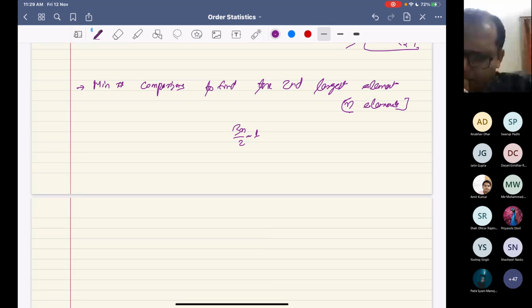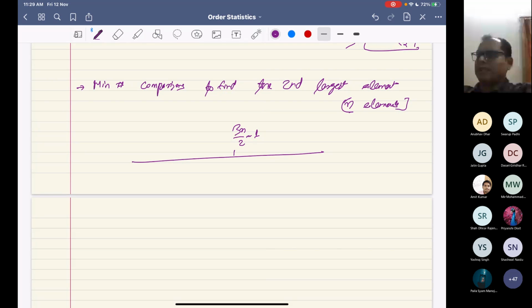Dividing the array into 2 halves and recursively doing it. The base cases were, if there are 2 elements, there is one comparison, and if it is one element, we return. So you are saying, okay, I can divide into 2 parts, n by 2 each.